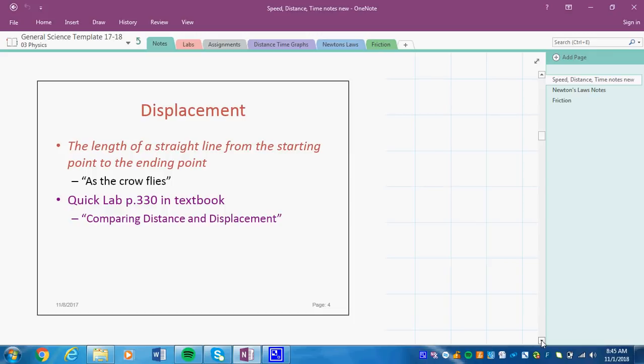But if you look at really what happens, distance versus displacement. So if you look at the first one, when you leave home, the yellow line, you've gone 1 block, up 1 block, over 2 blocks, up 3 blocks. Well, if you look at that, really the amount of walking that that person did was 7 blocks versus if we just went straight, which is 5 blocks.